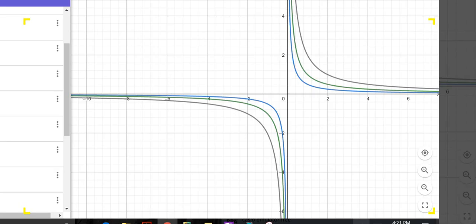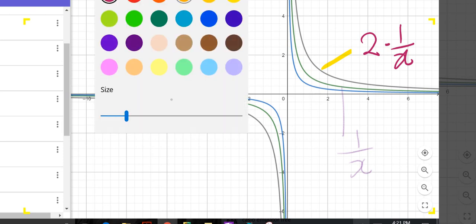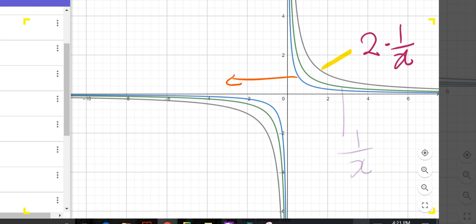In this case, I have the gray one, which is further away, and which is 2 times 1 over x. And I have the green one, which is my initial function, 1 over x. And let me change the color, I have that orange one, which is 0.5 over x.